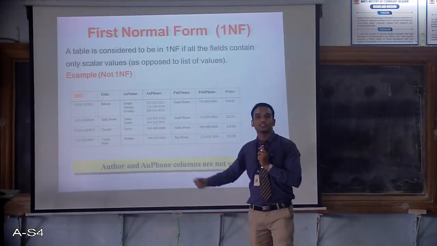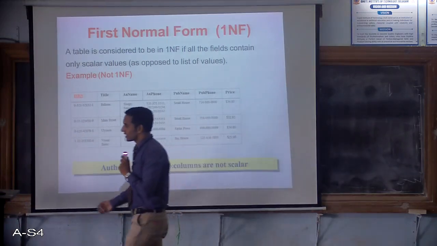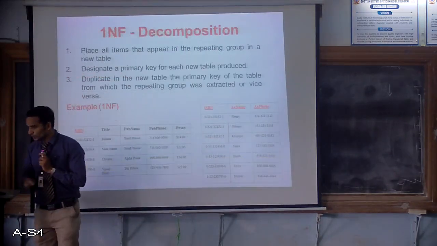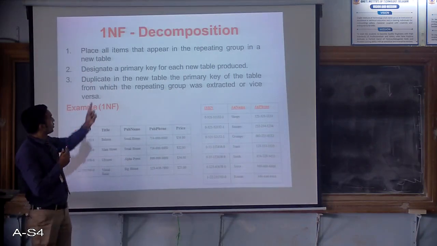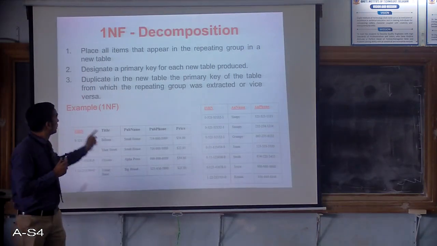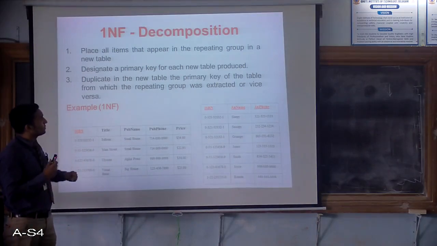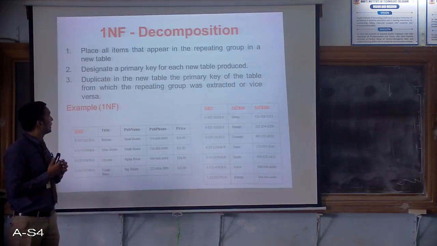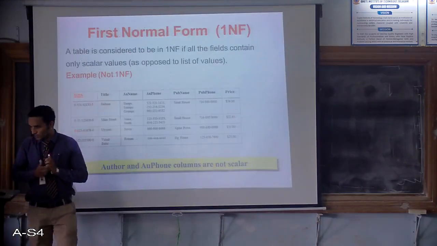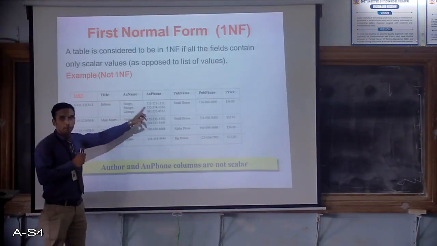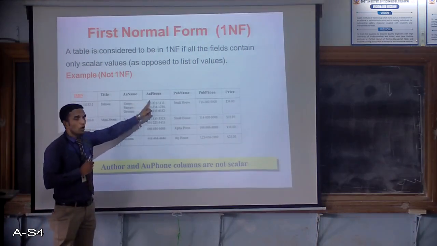Then how can I get this table into first normal form is the next task. If you want to get that table into first normal form, we have listed the rules. The first rule: place all the items that appear in the repeating group in a new table. Now which are the attributes which are repeating? Author name and author phone number.